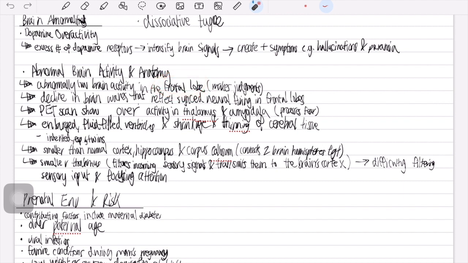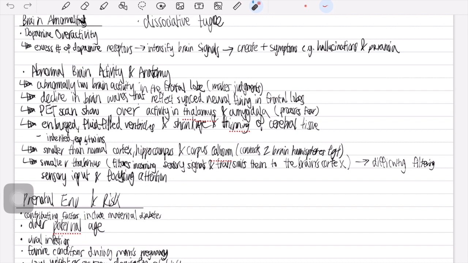So again, we have to remember that the frontal lobe is the part of the brain that makes judgments, and so when there's diminished activity in the frontal lobe, this means that they have lack of judgment.